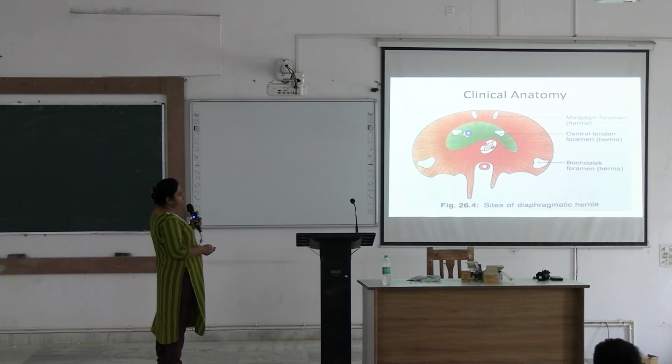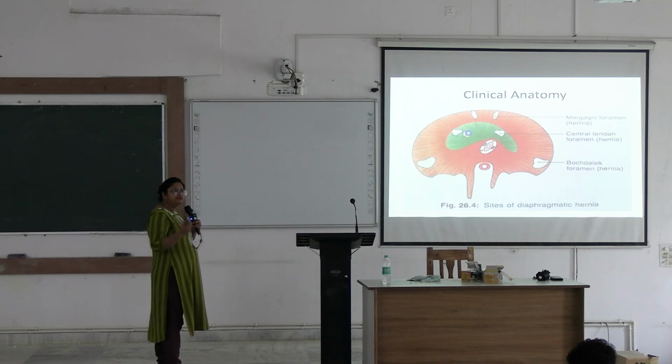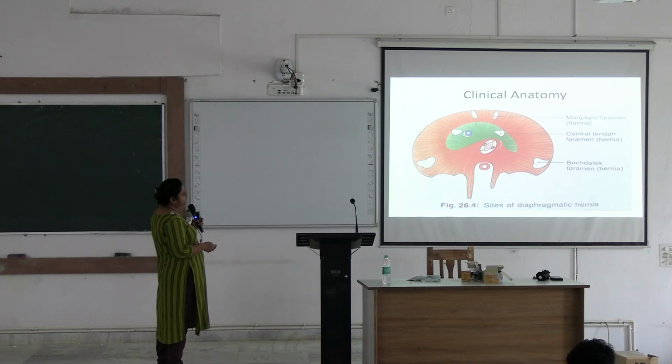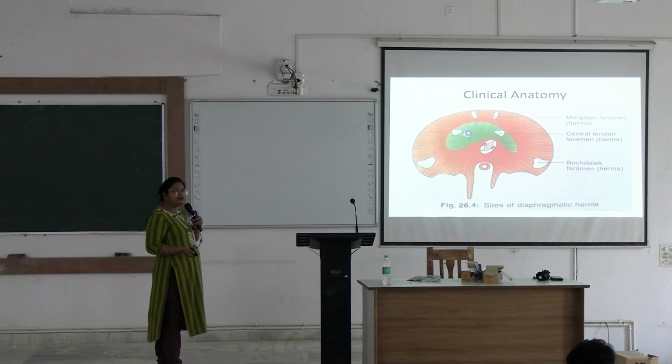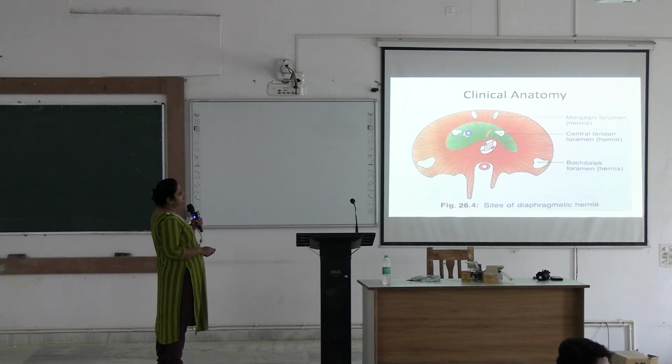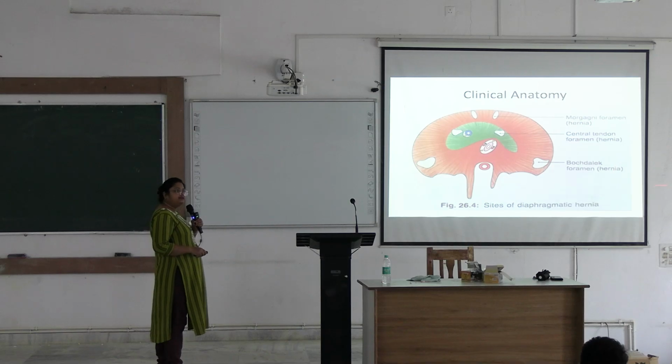Hiatal hernia means it is herniating through its normal opening, but the opening is enlarged. Hiatal hernia occurs through this esophageal opening. So you remember these locations: this is Morgagni's hernia, this is central hernia, and this is Bochdalek's hernia, posterolaterally.